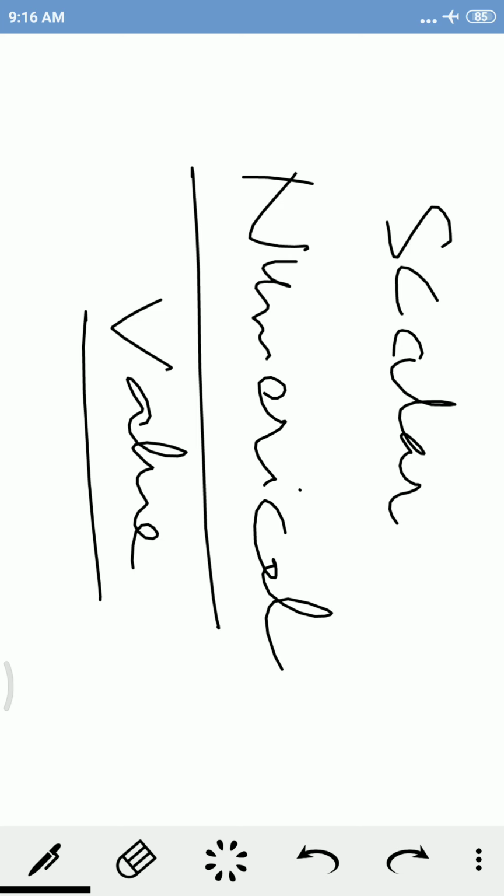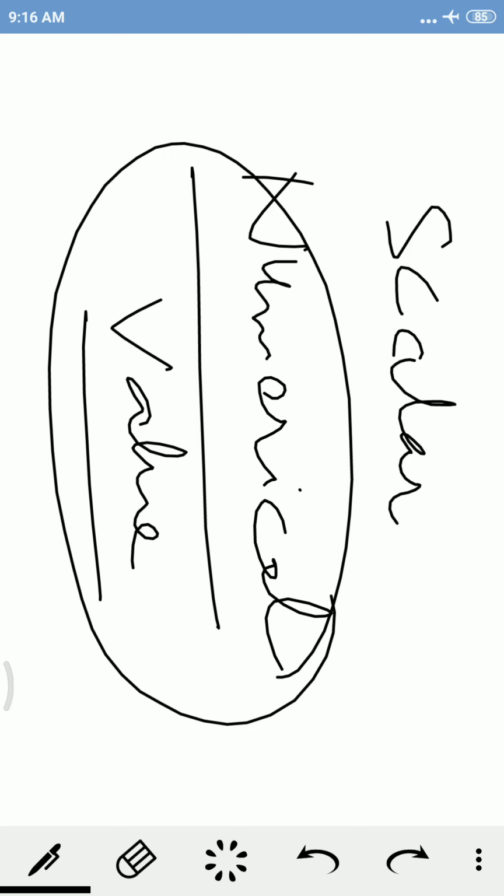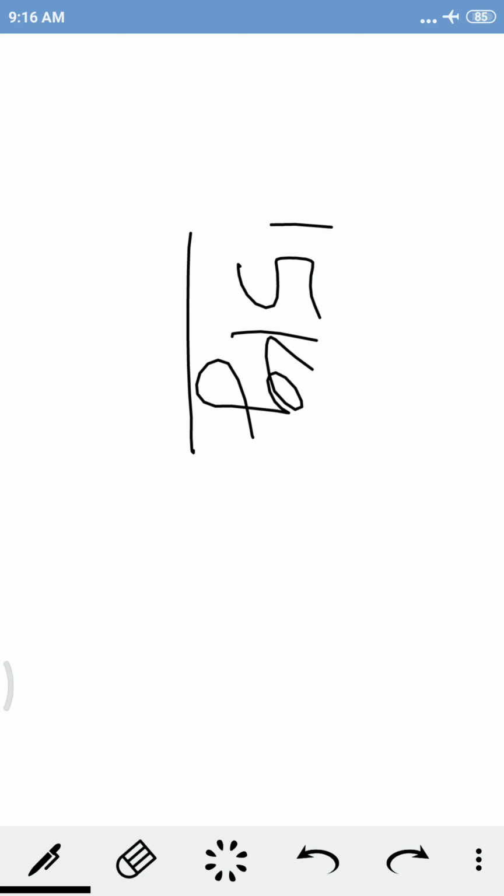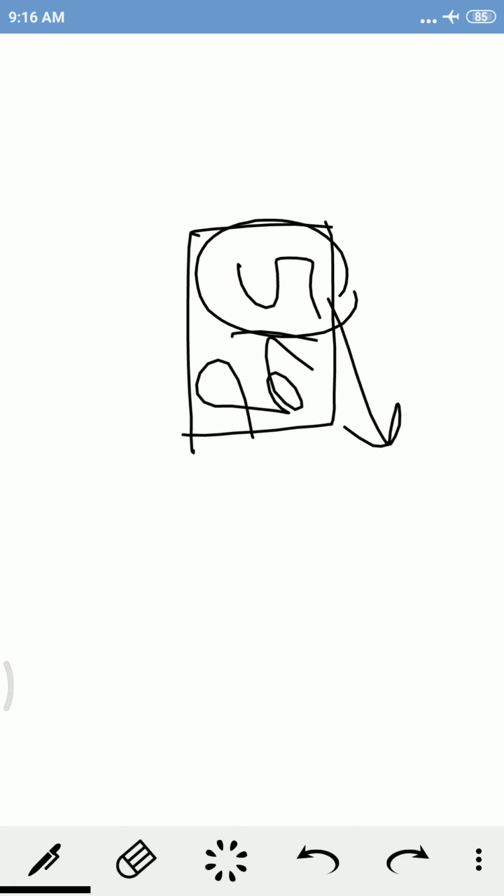Like if I write 5 kg, it is a scalar quantity, and the magnitude of this quantity is 5. The numerical value of a physical quantity is called its magnitude.